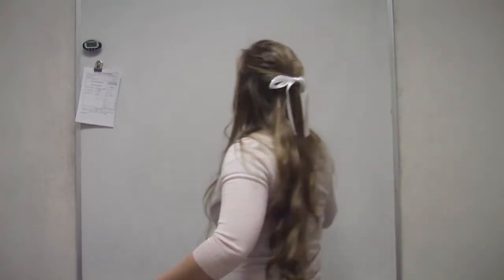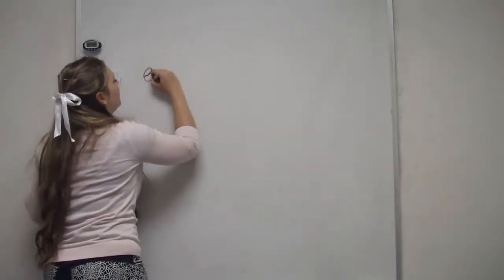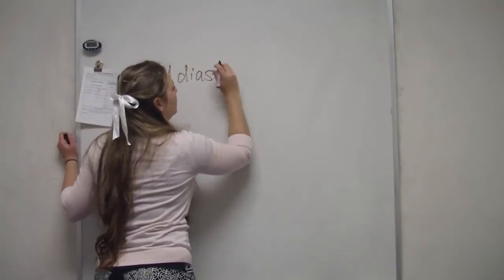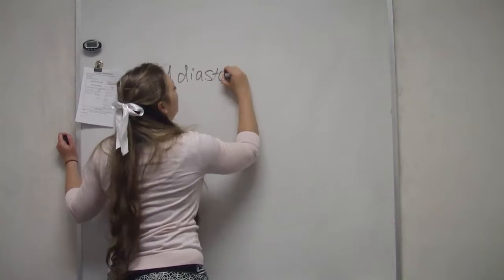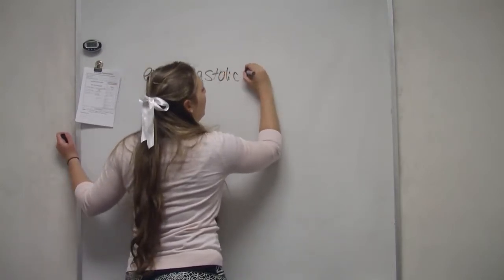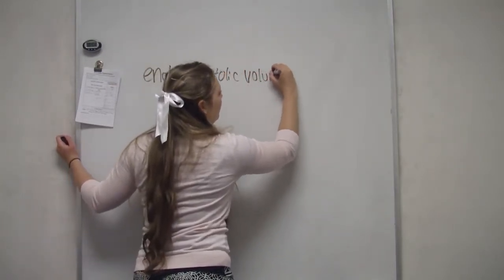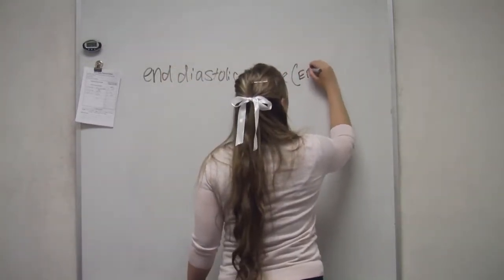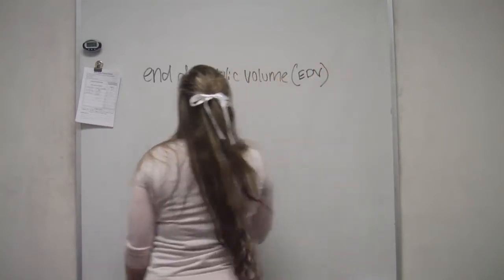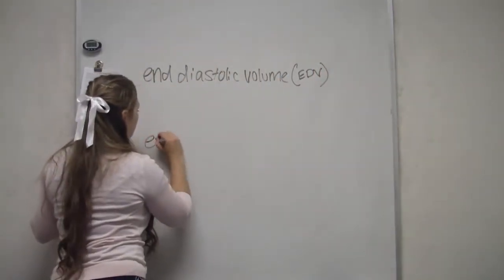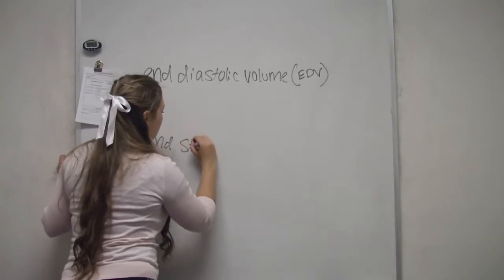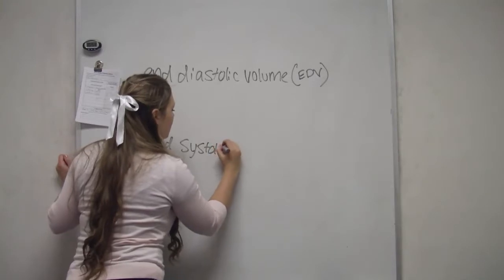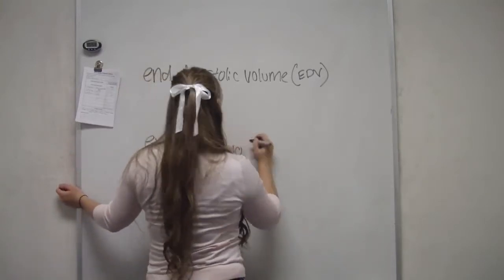Okay, you're gonna have your end diastolic volume, also known as your EDV, and you're gonna have your end systolic volume, also known as ESV.